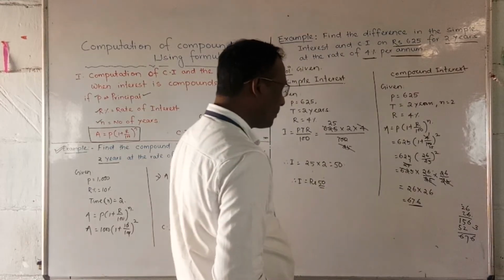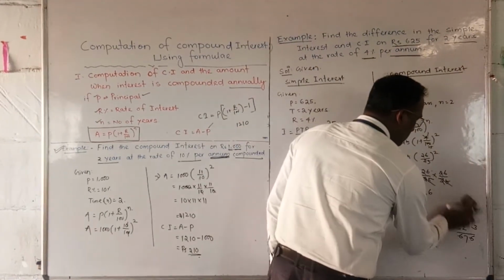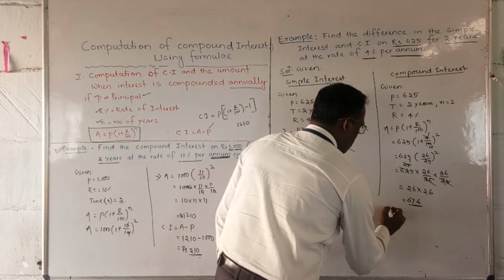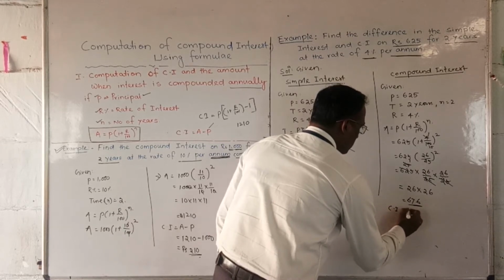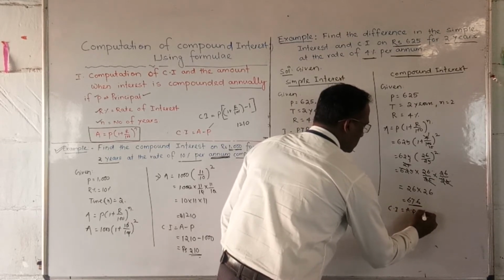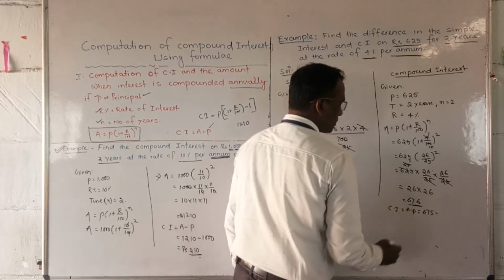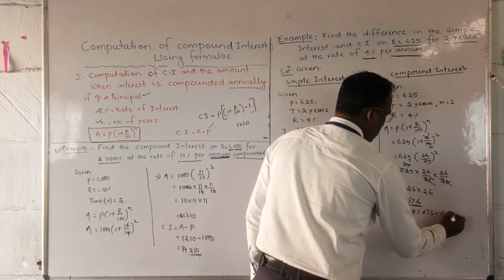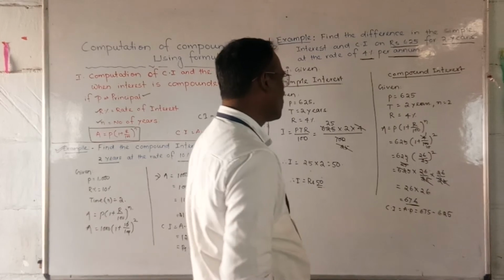So what is the compound interest then? The compound interest is equal to amount minus principal, is equal to 676 minus how much? 625. Yes or no? So we'll get that.